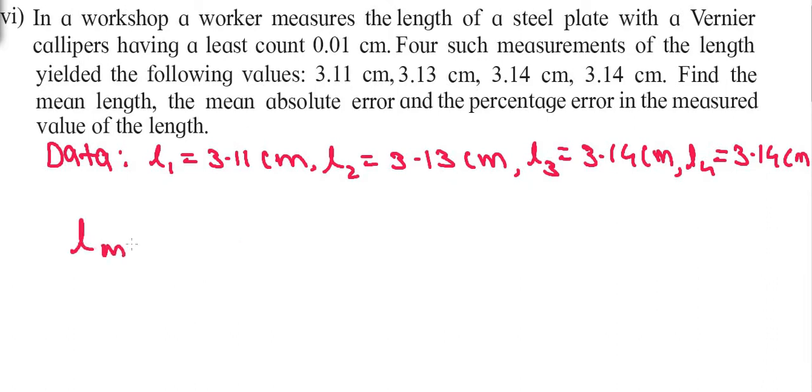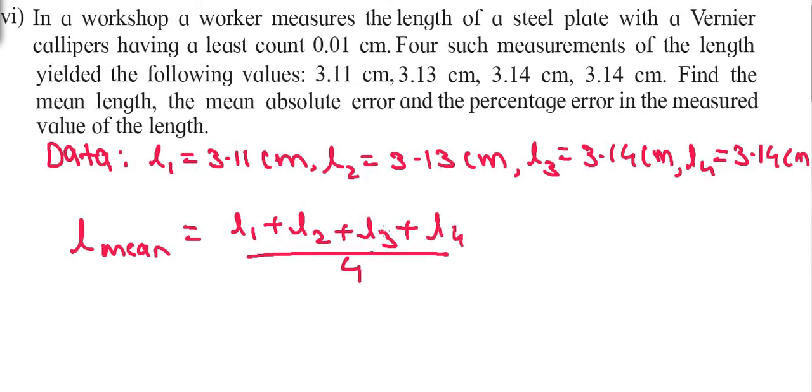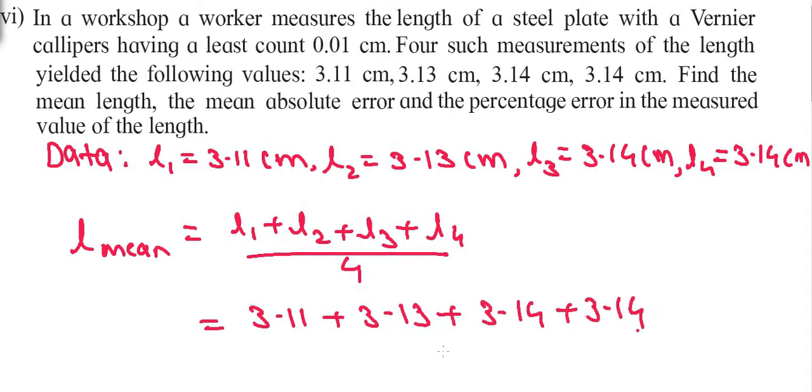Now L mean, the mean value of the length, is equal to the sum of individual values, all readings, L1 plus L2 plus L3 plus L4, divided by the total number, that is 4. So that is equal to 3.11 plus 3.13 plus 3.14 plus 3.14 divided by 4.